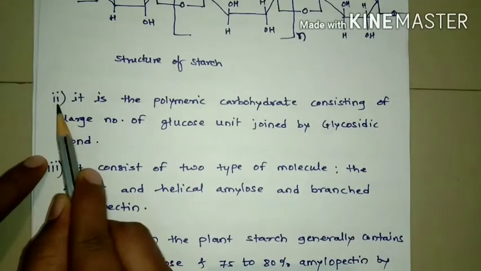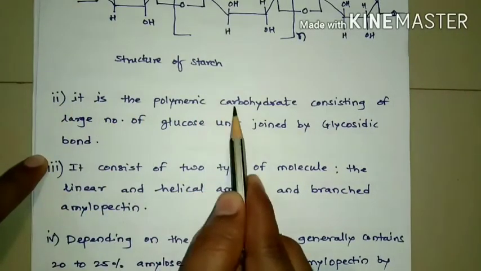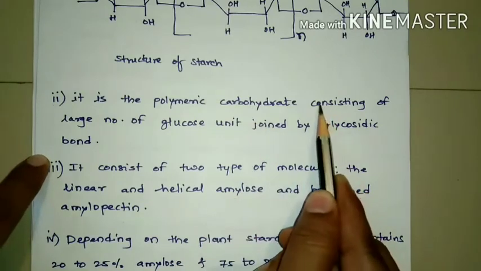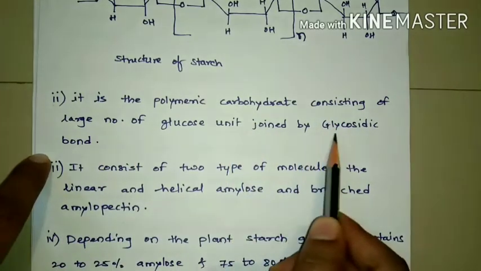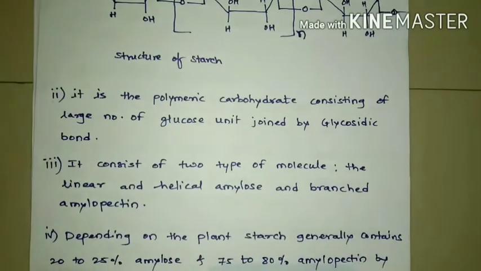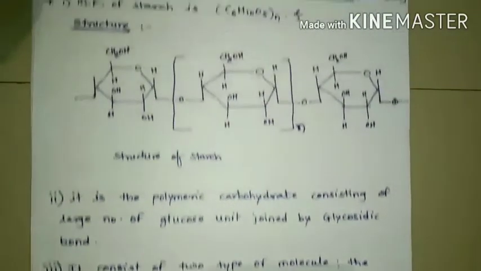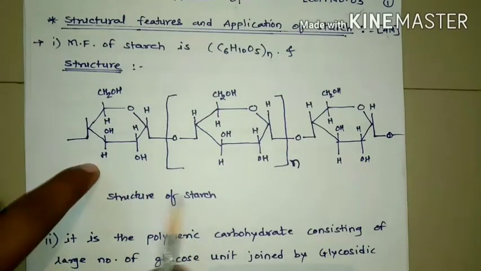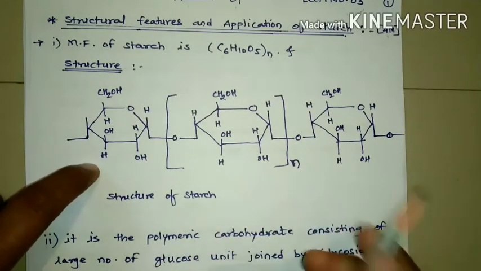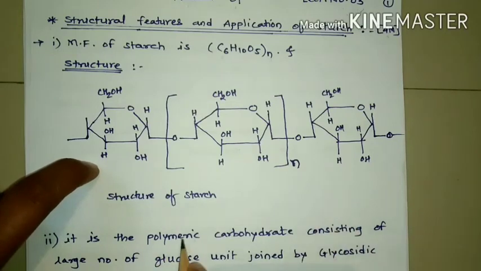The second point is it is a polymeric carbohydrate consisting of a large number of glucose units joined by glycosidic bonds. In the structure, this starch structure is a polymeric carbohydrate. What is meant by polymer?